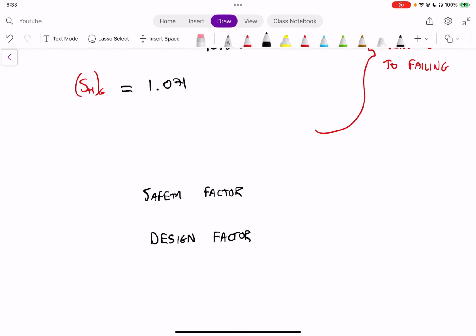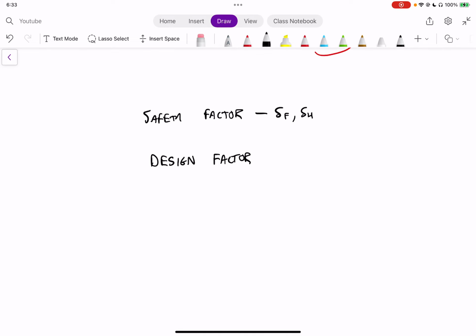And a design factor is very much similar to a safety factor. So remember that your safety factors are SF and SH, okay? Your design factor essentially is a way of finding SF and SH in one number as opposed to having 2 numbers as a limit, essentially.